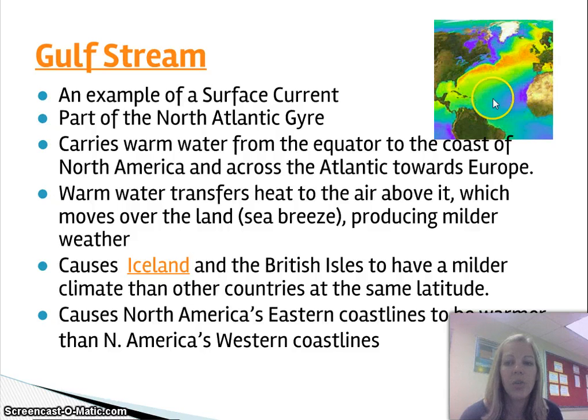So we've got this North Atlantic Gyre right here. A big portion of this is the Gulf Stream, which runs basically from the equator, which is about here, all the way up the coast and across to Europe. And then there's this other colder current that runs back towards the equator on that side of the gyre. And so we get this rotating movement of water. Okay.